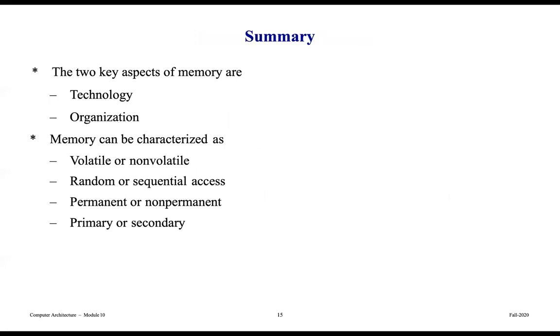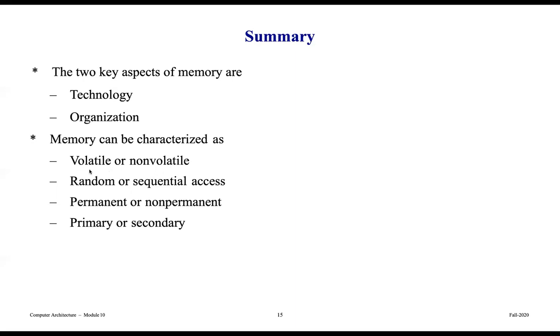So in summary, the two key assumptions of memory are technology and organization. We started with that. There are different technologies for how you can save information. And then there are organizational trade-offs that you're going to be making in terms of architecture. Memory can be characterized as volatile or non-volatile: as soon as the power is gone, it goes away, or non-volatile, it's going to endure.